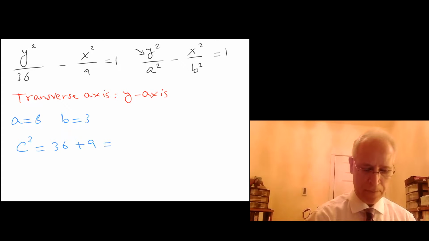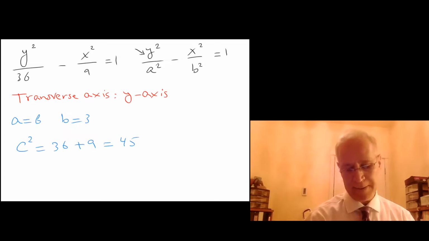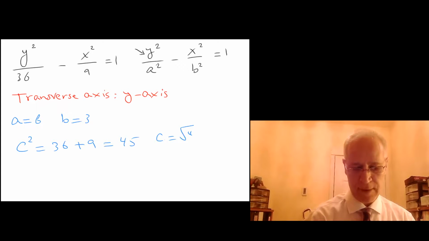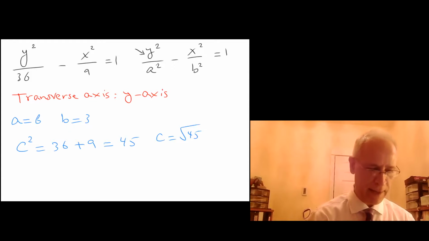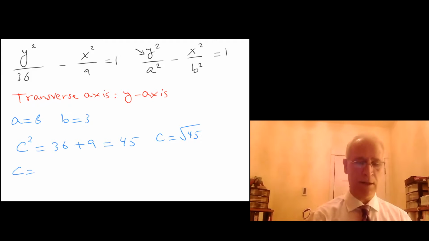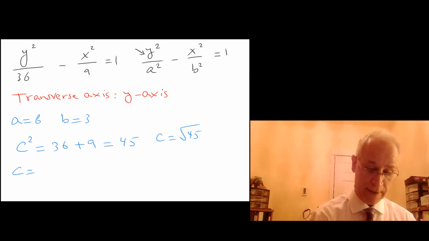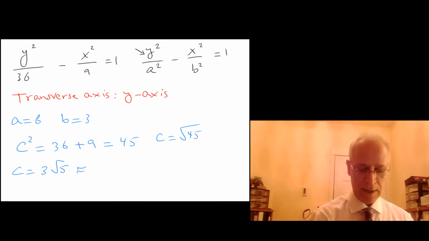That gives me 45. And then c equals square root of 45. Let's see, can I simplify that? Sure, 9 times 5 is 45. So c equals 3 root 5, which approximately equals 6.7.